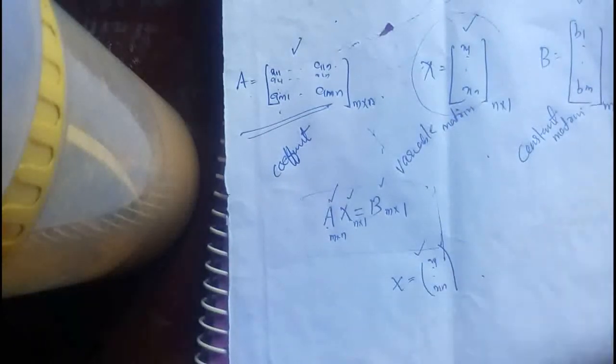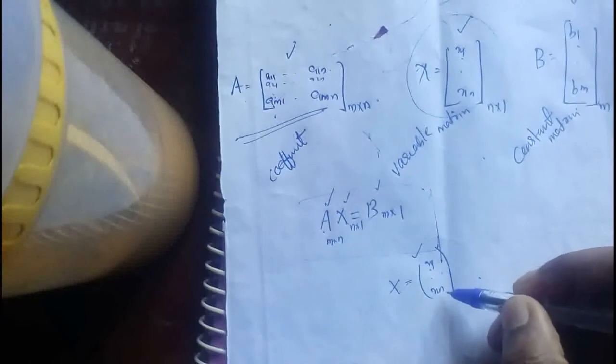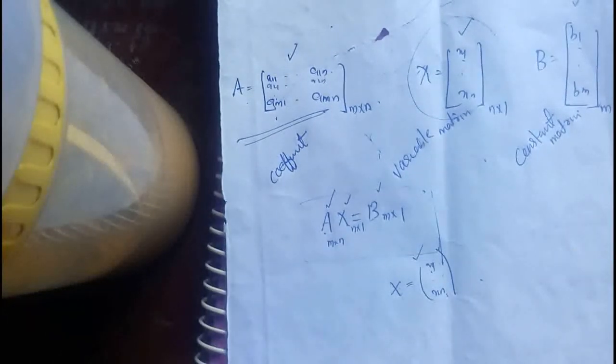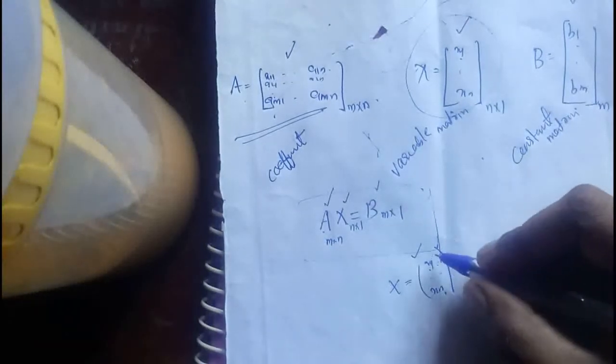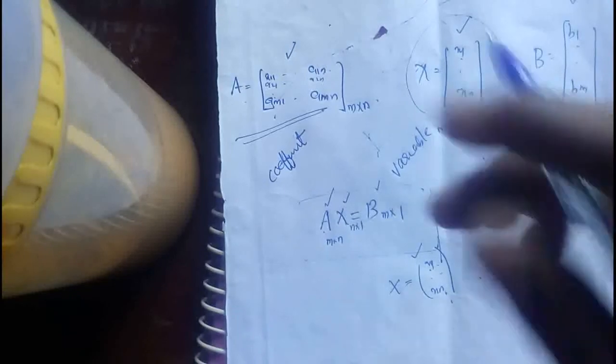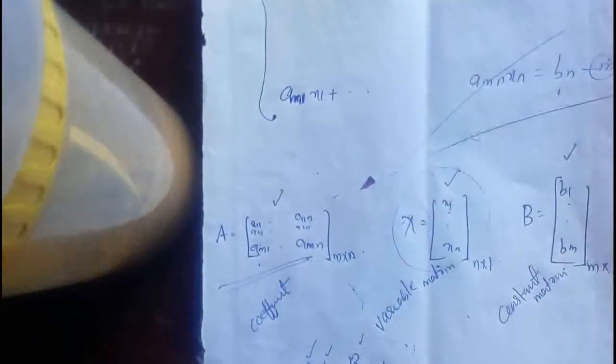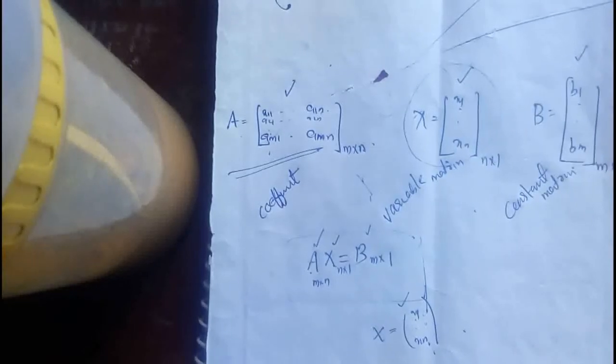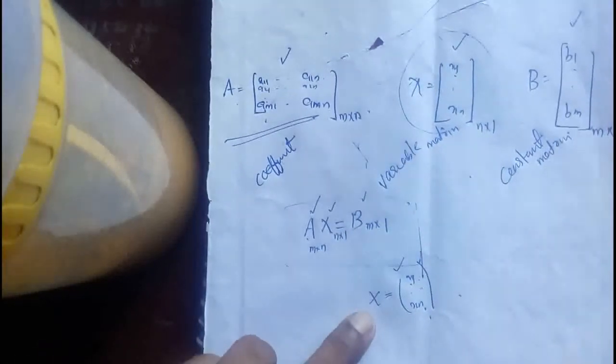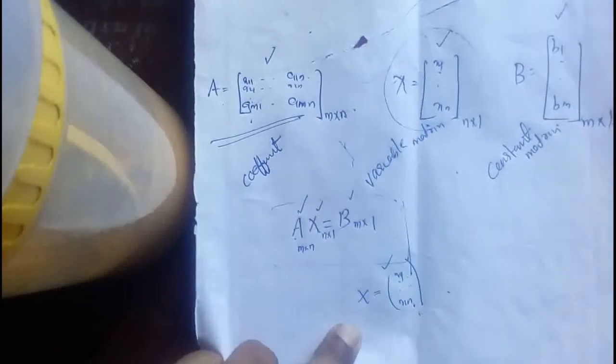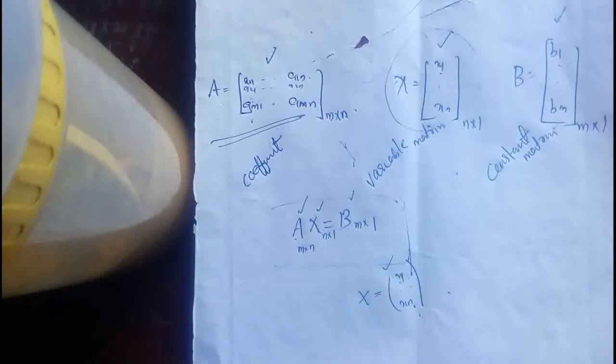X is a column vector x1, x2, etc., xn, and these n values satisfy our above m equations.